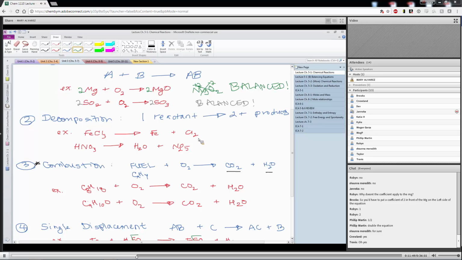What would be an easy way to balance my chlorines? Add 1 on the right. Okay, so it looks like I've got just 3 versus 2.